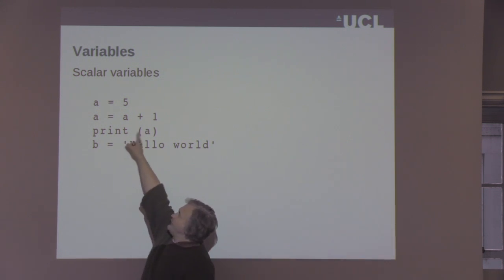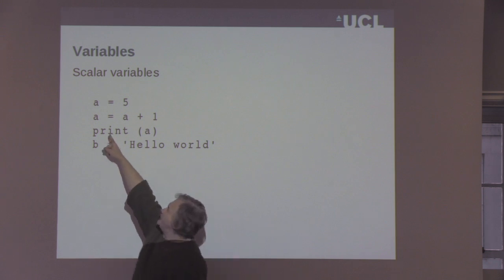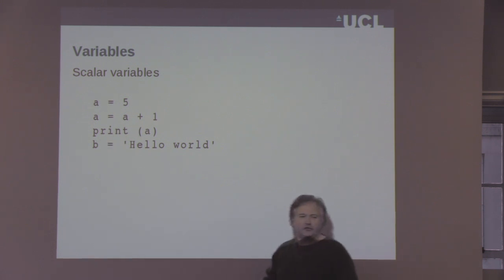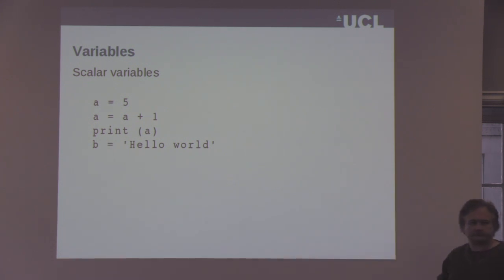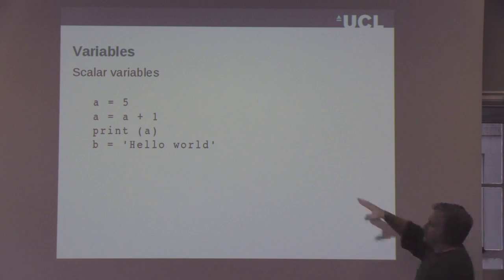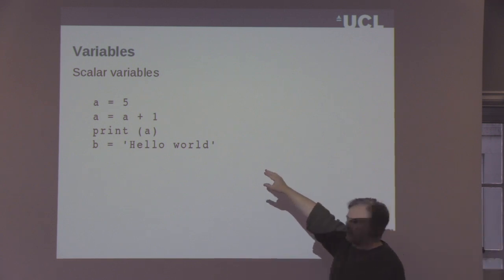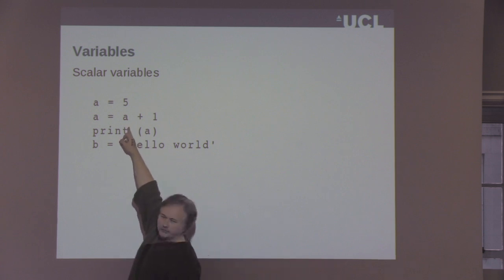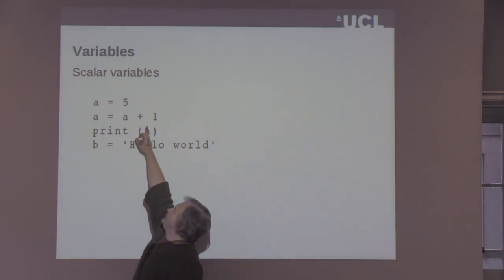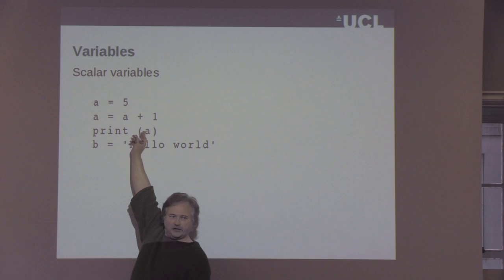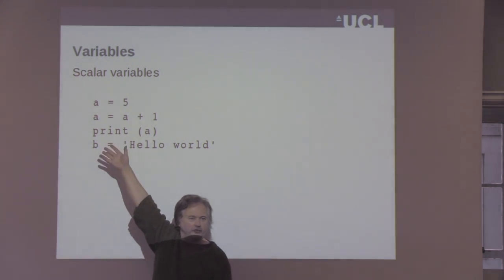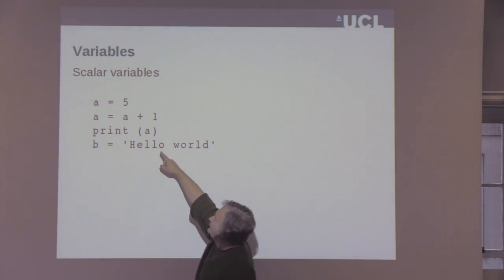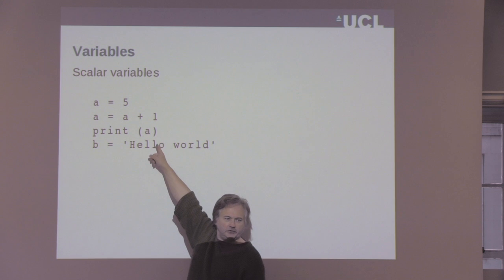Now this is where maths kind of breaks down, because obviously from a mathematical point of view, A does not equal A plus 1. But the way that we use equals in a programming language is for assignment. So this means take the current value of A, add 1 to it, and set A to what the result is. Then here we're doing a print statement.